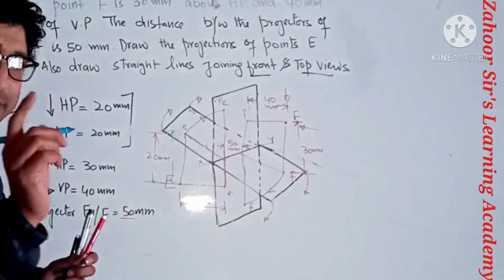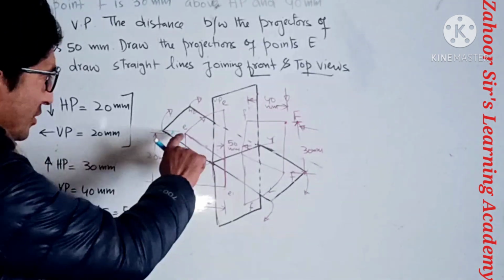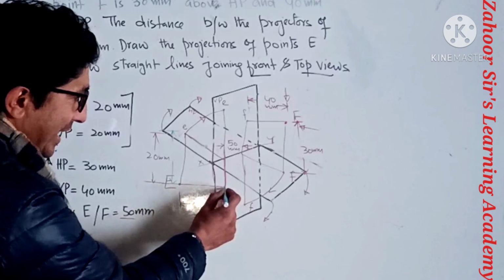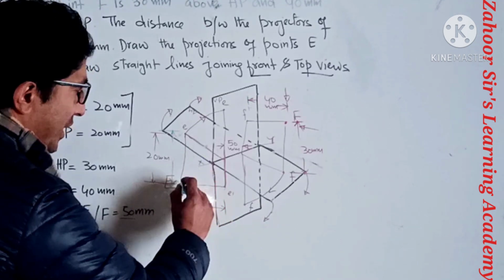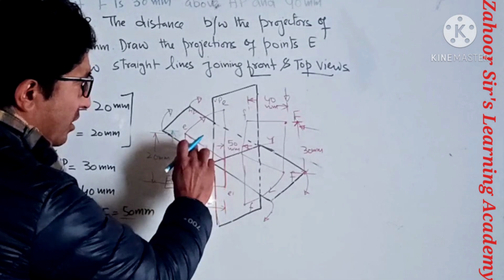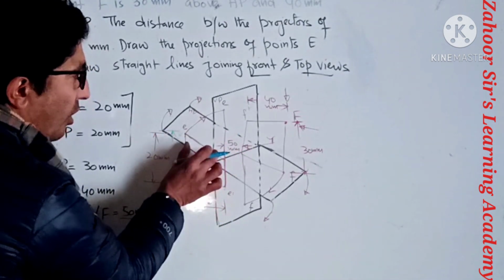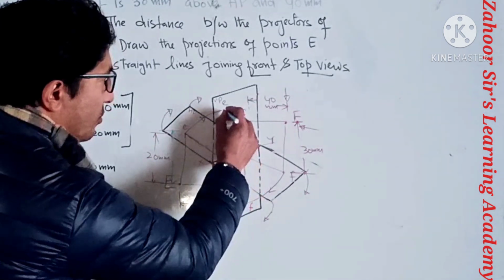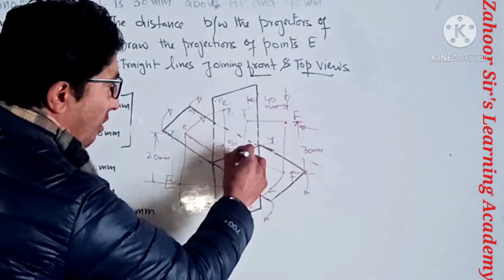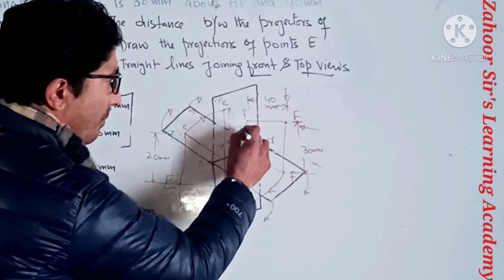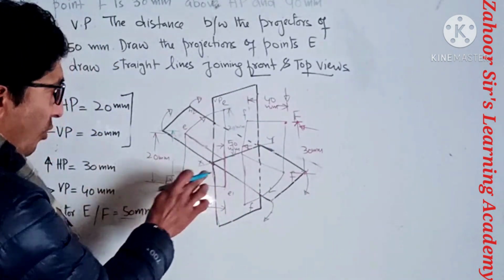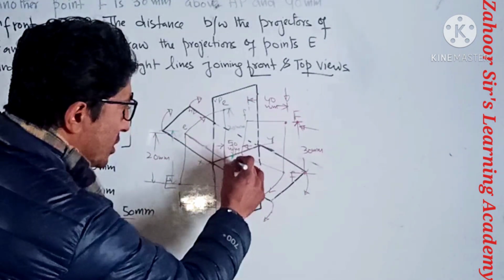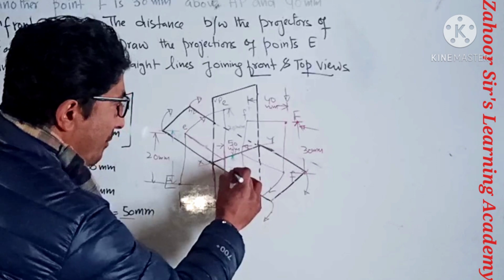Now see the beauty of this: once we are rotating this, which distance are we rotating? Basically we are rotating this line, the replica of this line, which was on the HP. So the distance from this point to this point is also 20 mm. And this was below HP, which can be seen on VP, so the distance from this point to this point is also 20 mm.